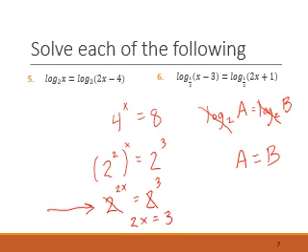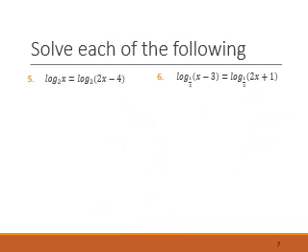It's a lot like solving exponentials with a common base. So clearing the board here, if you look at problem 5, you will notice that both of these are log base 2. So it should stand to reason that we can just ignore the logarithm. And if this equation is true, then x has to equal 2x minus 4. And that's all we mean by the one-to-one property.